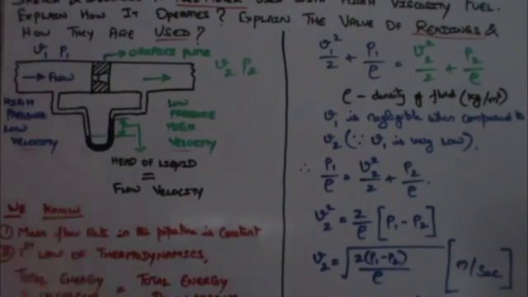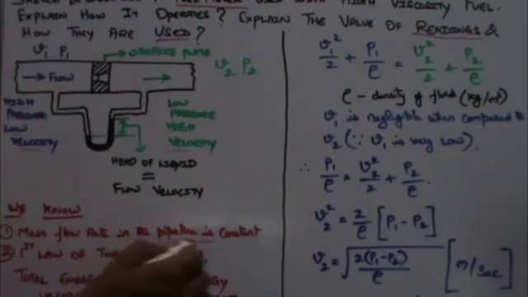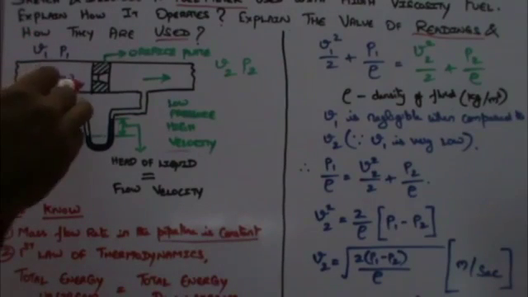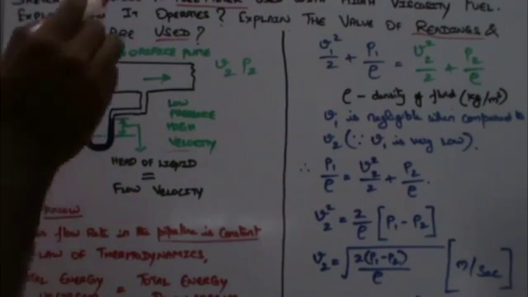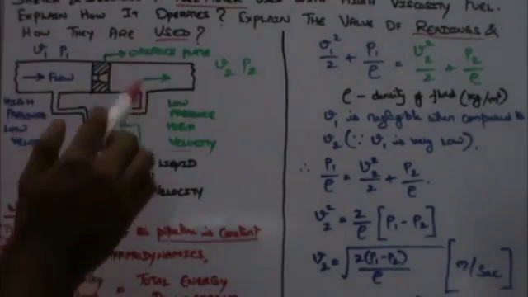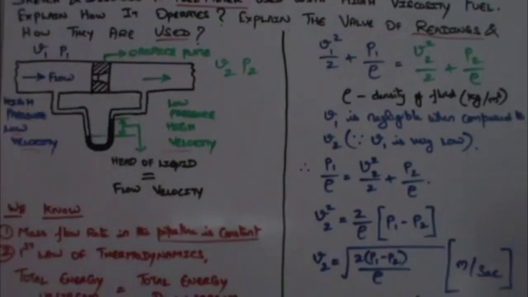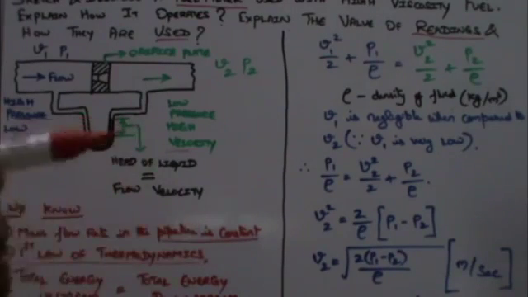We all know from the basics that the mass flow rate in a pipeline is always constant. That is, whatever flows through the upstream of the pipeline per unit time is the same as whatever flows on the downstream of the pipeline. And the first law of thermodynamics says that energy can neither be created nor be destroyed, but it can be transformed from one form to another.